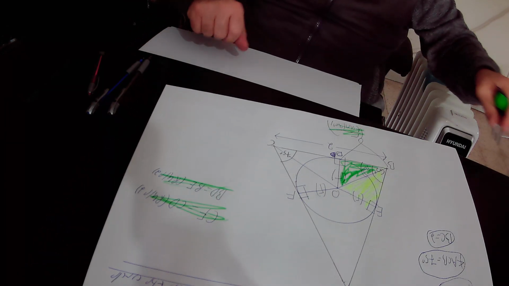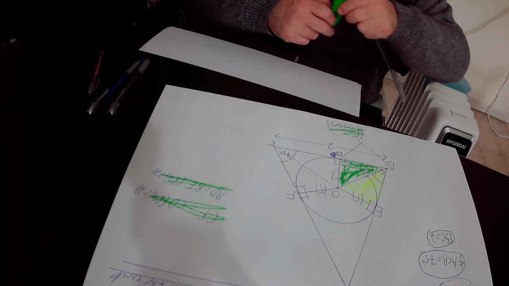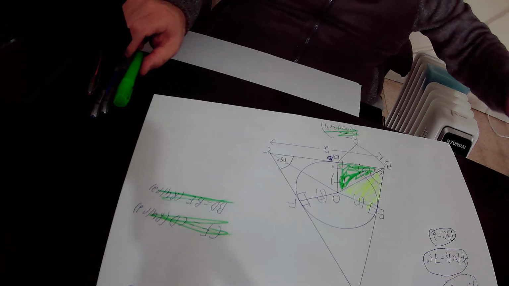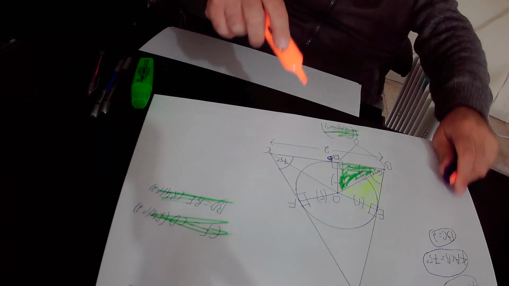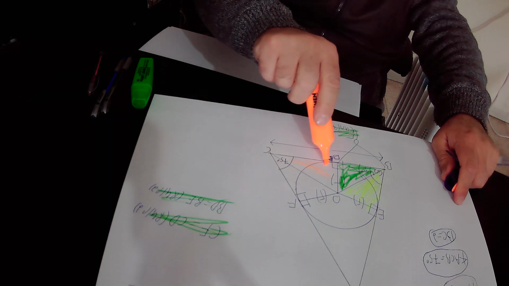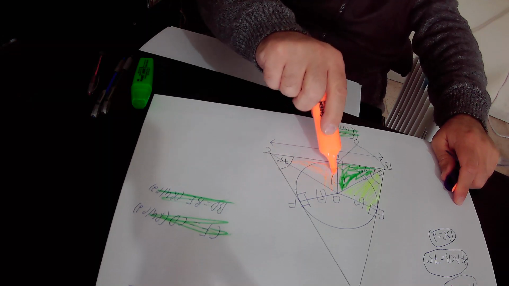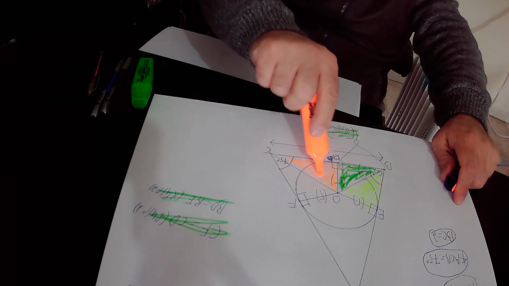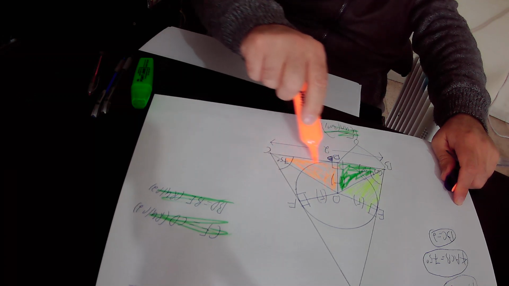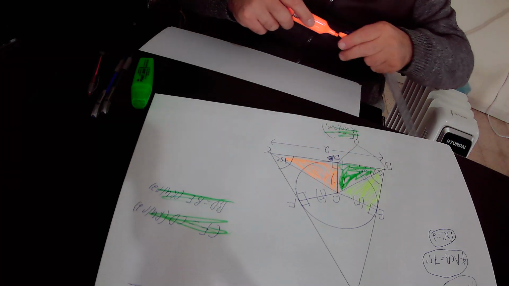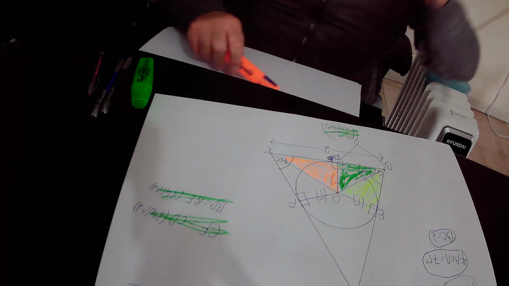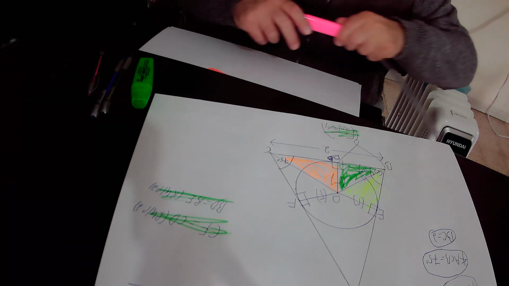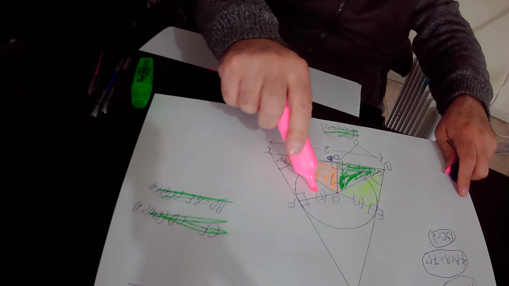In the next step, we'll prove that the orange triangle ODC is congruent to the pink triangle OFC.